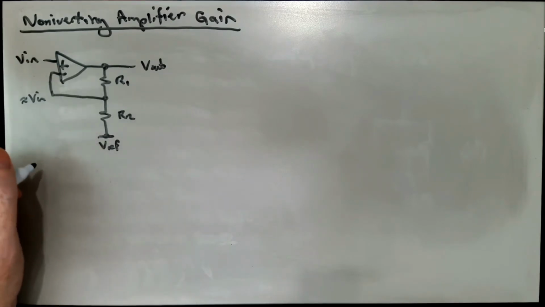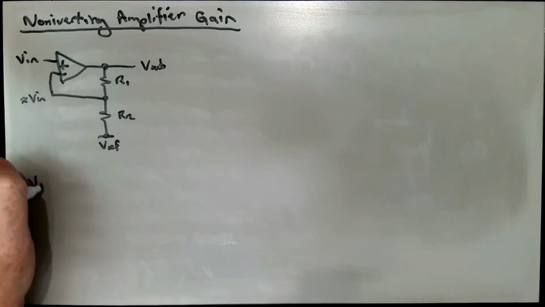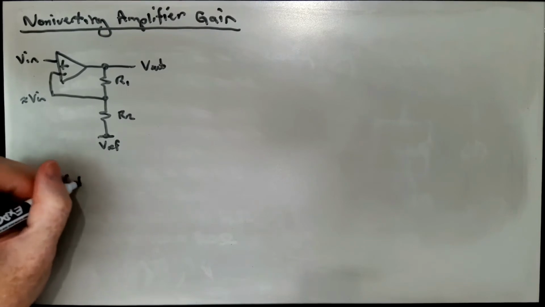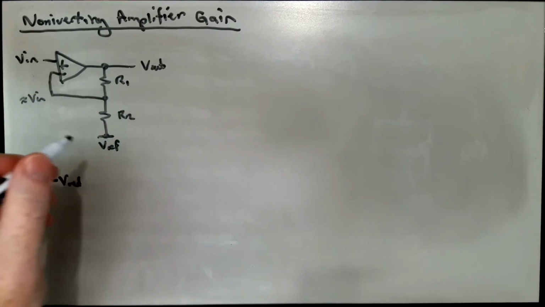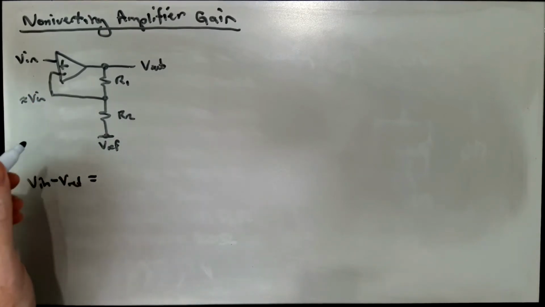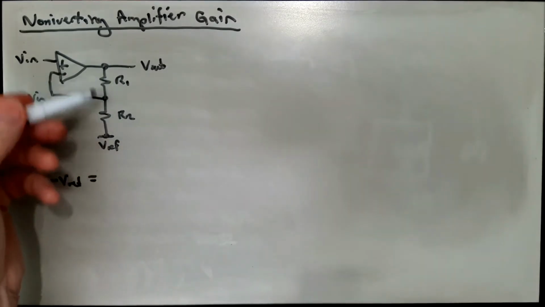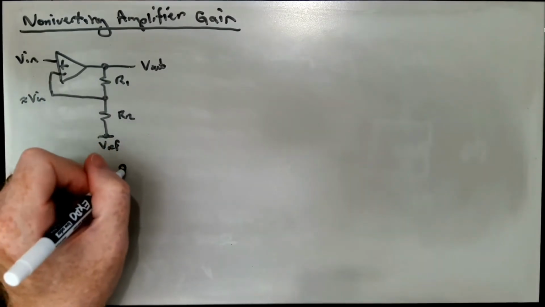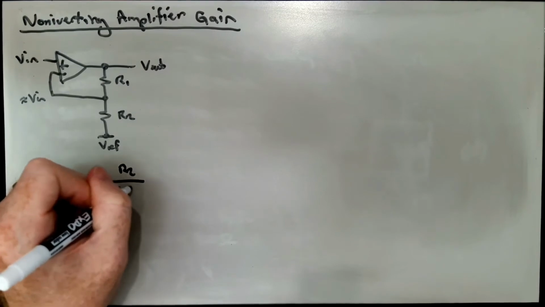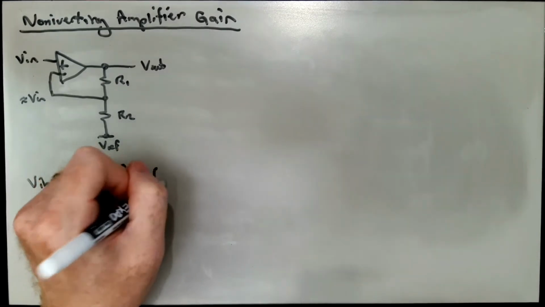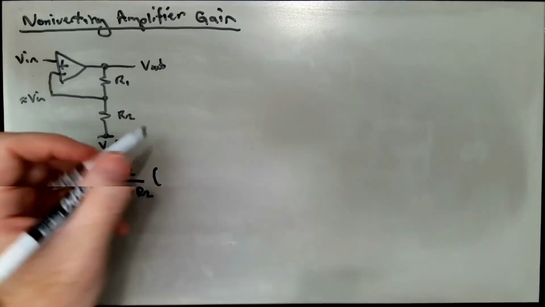So we know that V in minus V ref, the drop across R2, is going to equal the voltage divider ratio, which is R2 over R1 plus R2, times V out minus V ref.